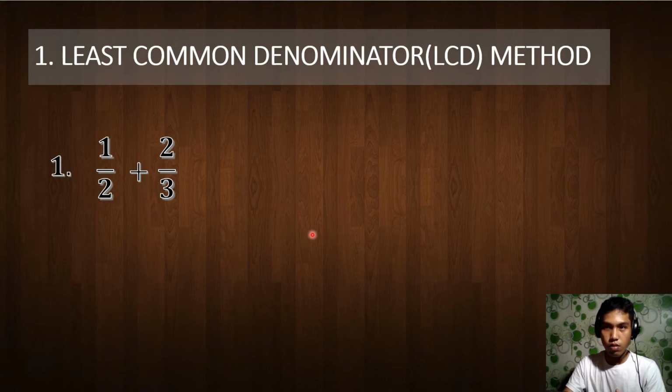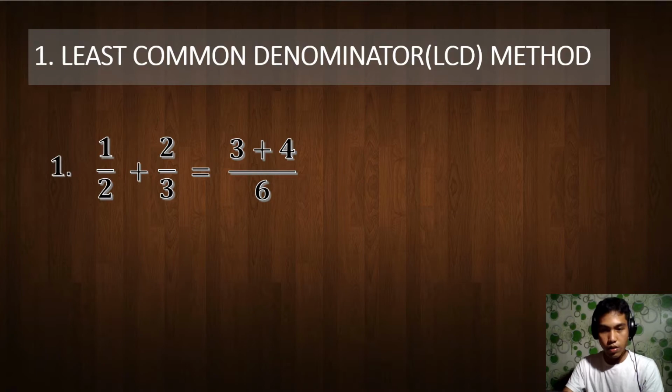Can we say 3? 3 is divisible by 3, but 3 is not divisible by 2. How about 4? 4 is divisible by 2, but it is not divisible by 3. So the answer here is 6. So the LCD is 6 for this example.